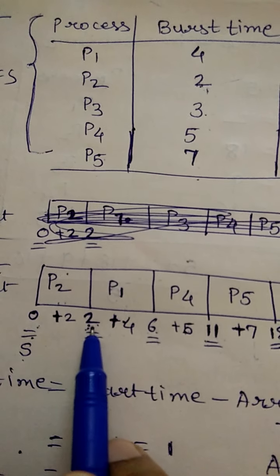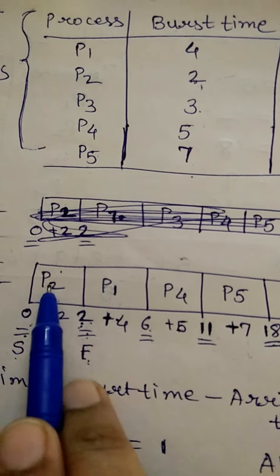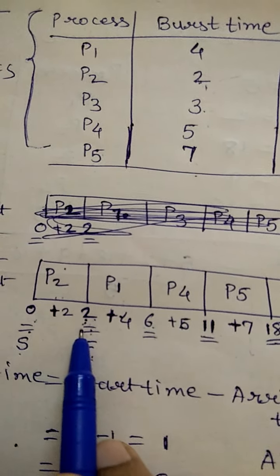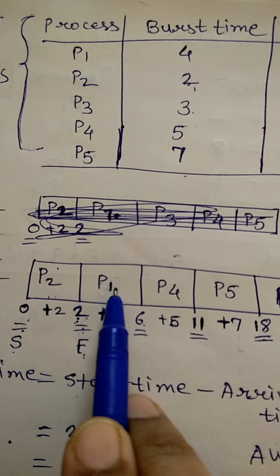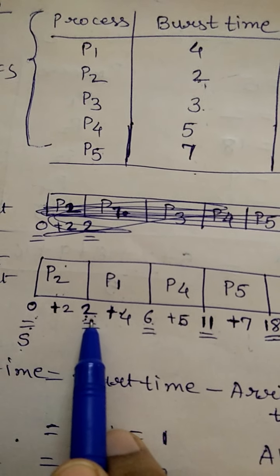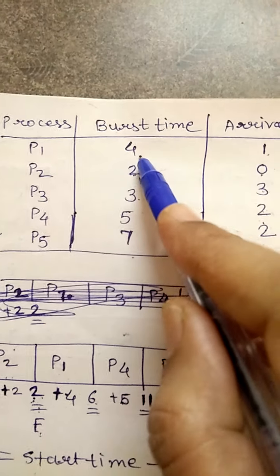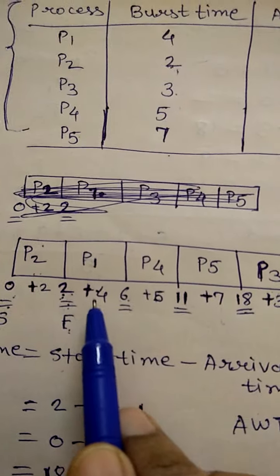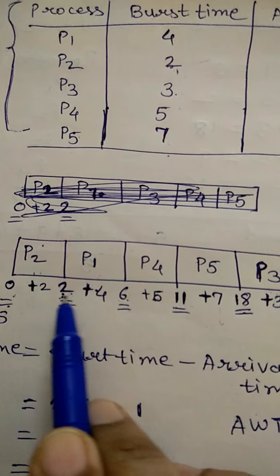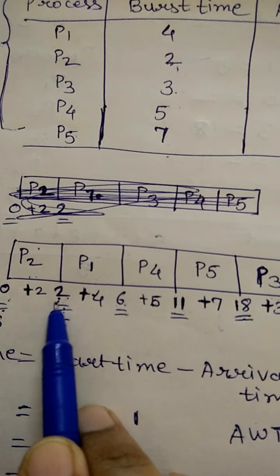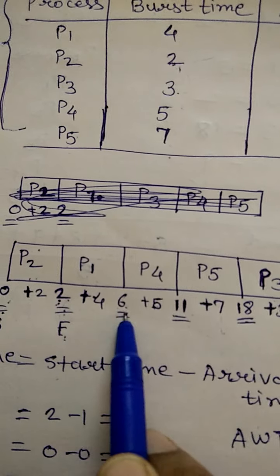At 2 seconds, P2 has finished its execution, and at the same time P1 is going to start, and the burst time for P1 is 4. So 2 plus 4 is 6.